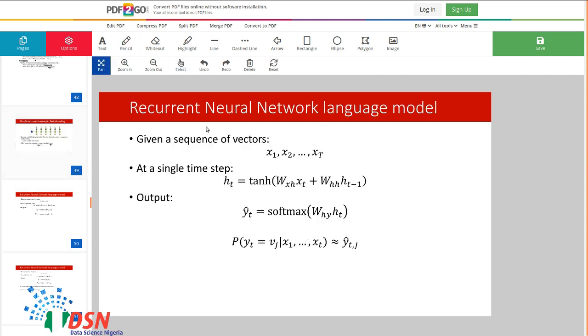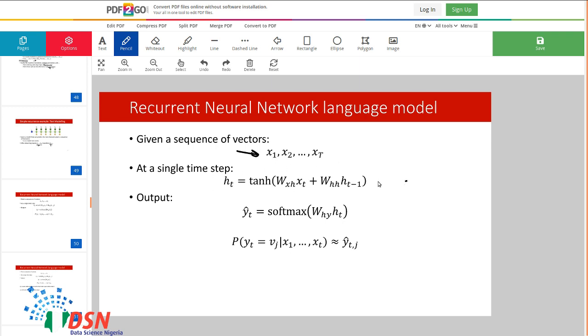Okay, so we could see that as we have some inputs as vectors. Let's say these are input vectors, the sequence x1, which is the input at time step 1, and so on.